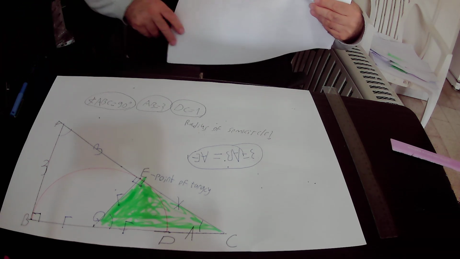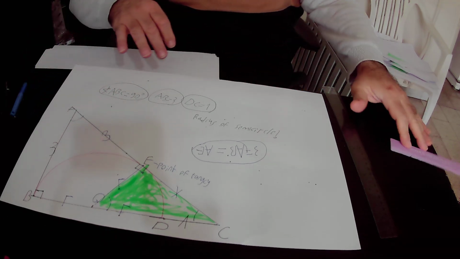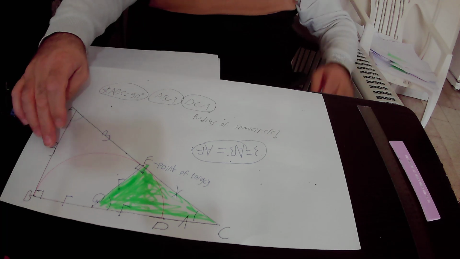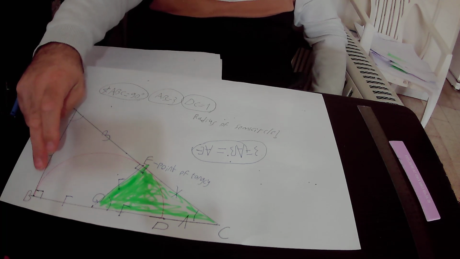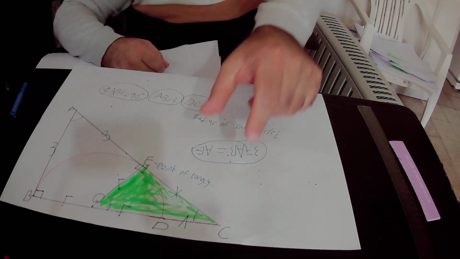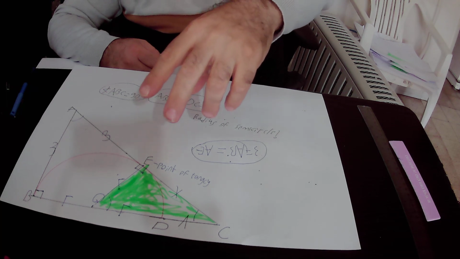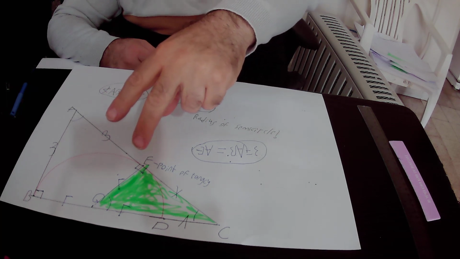We know that triangle ABC is a right triangle. That is to say, angle ABC equals 90 degrees, side AB equals 3 units, line segment DC equals 1 unit, and we want to find out the radius of this right semicircle.